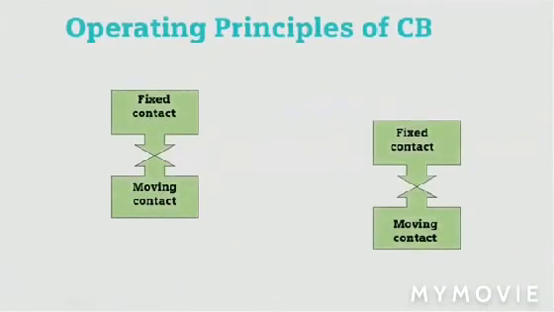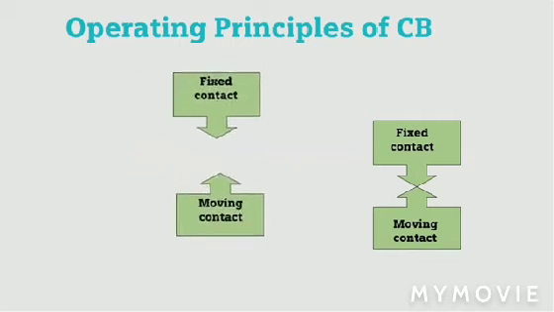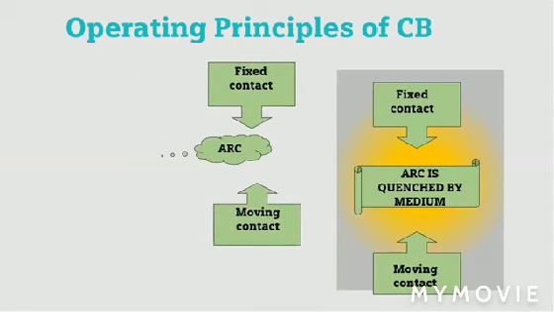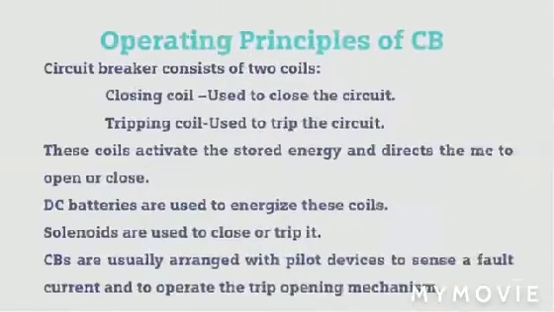You can see here we have the fixed and moving contacts connected, but when a fault comes, the circuit breaker will break the contact and an arc will be produced. When the fixed and moving contacts break, the arc is quenched by this medium, and that is the operating principle of the circuit breaker.